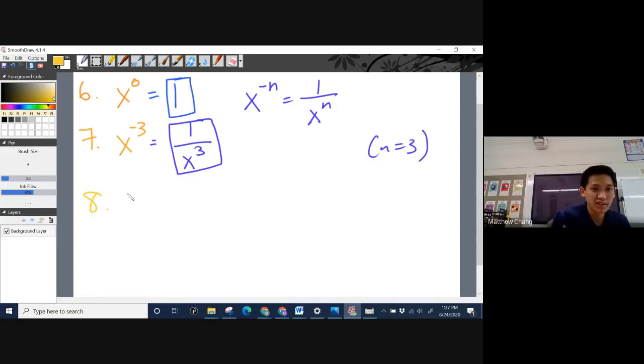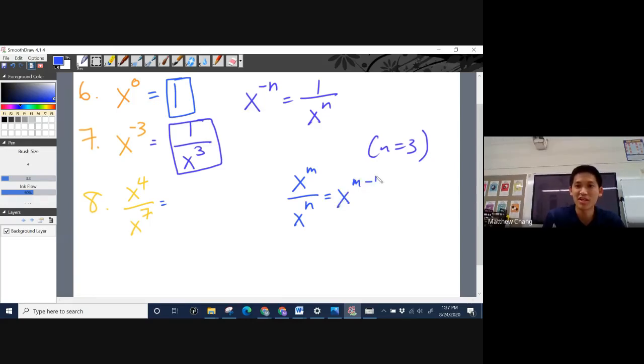Number 8. x raised to the 4th divided by x raised to the 7th. Again, we can use some rules. We have x raised to the m divided by x raised to the n, and it's the same thing as x raised to the m minus n. So we just take 4 minus 7.